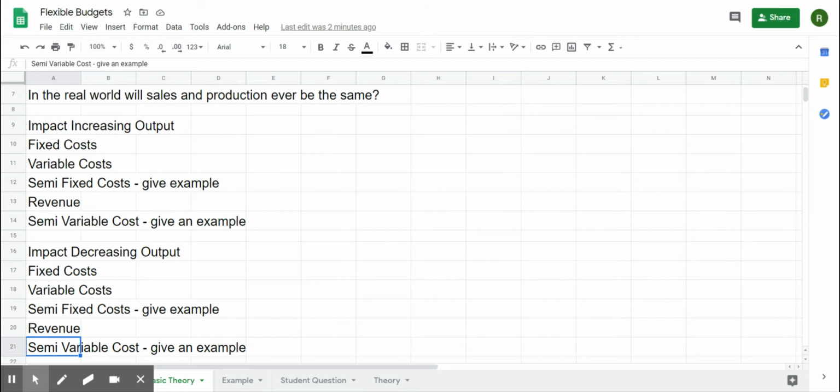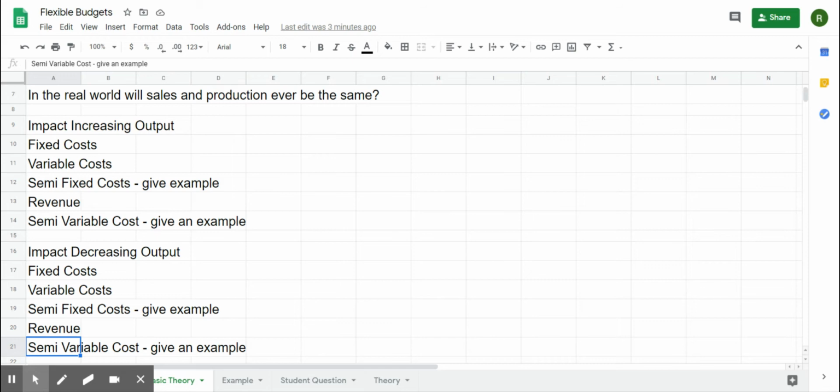Similarly, if the output was halved, the cost of raw materials would drop from 1,000 to 500. Revenue, a bit like variable costs, increases or decreases in direct proportion to the level of output and therefore sales.